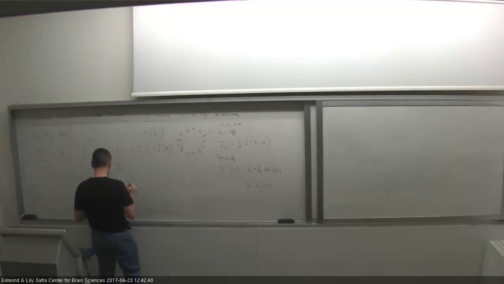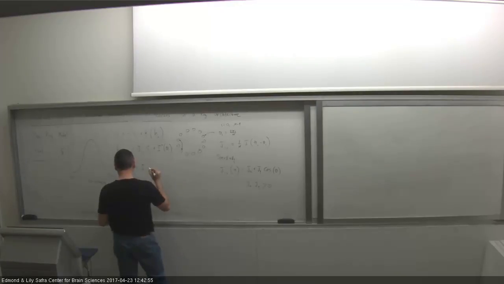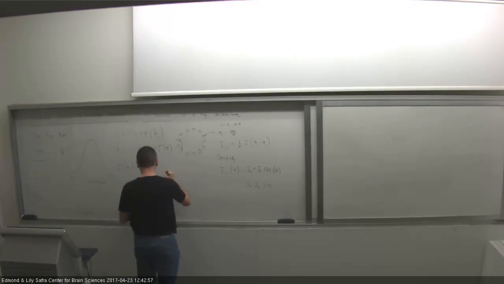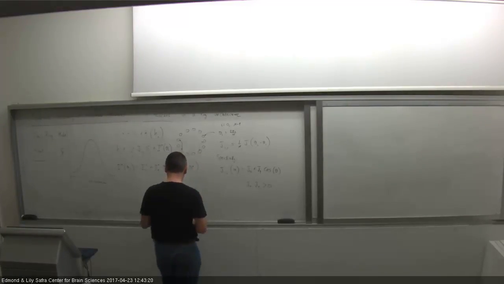And the external input, I0 theta I, is equal to a global term, I0, plus I1 cosine of theta I minus some theta 0.